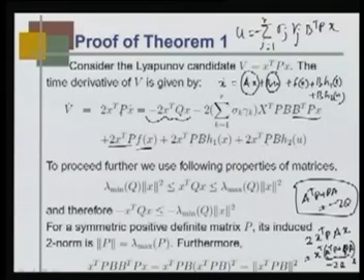Okay. Here further, using the properties of matrices, X transpose Q X can be bounded by two quantities.